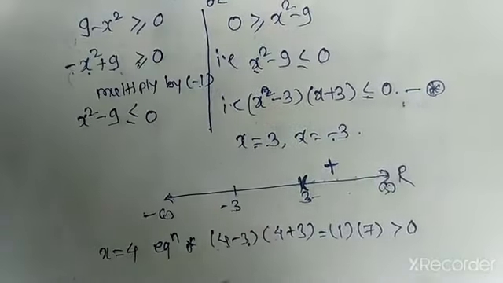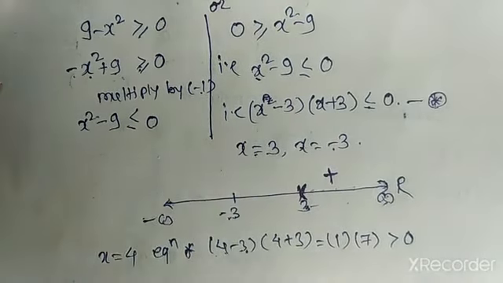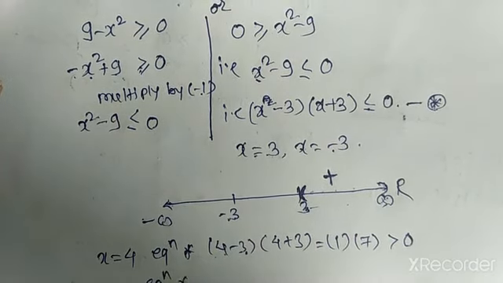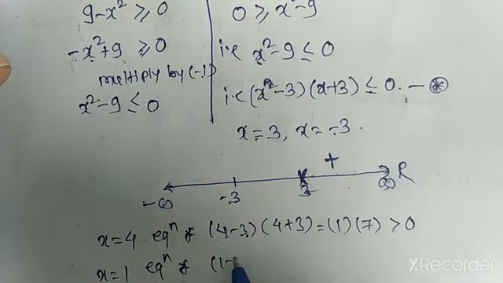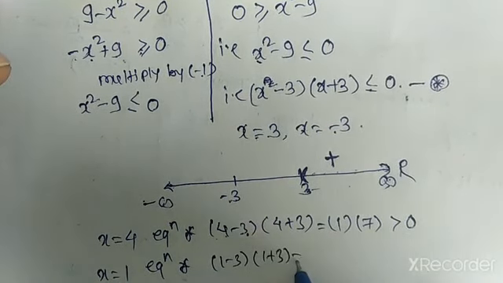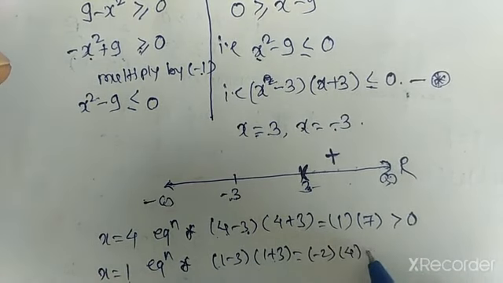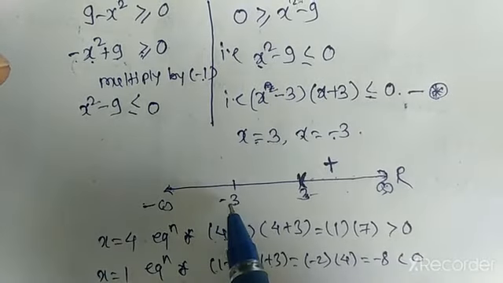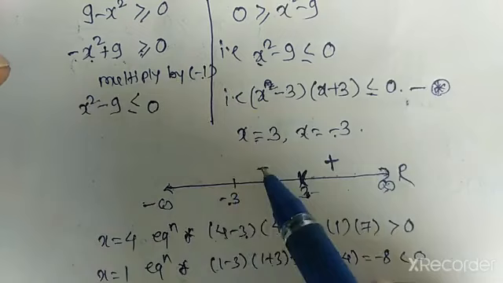Next, in between minus 3 and 3, if we take x is equal to 1 in equation star, we can write (1 minus 3) into (1 plus 3), which is minus 2 into 4, which is minus 8, and which is less than 0. That means in between minus 3 and 3 it will be negative, that is less than 0.